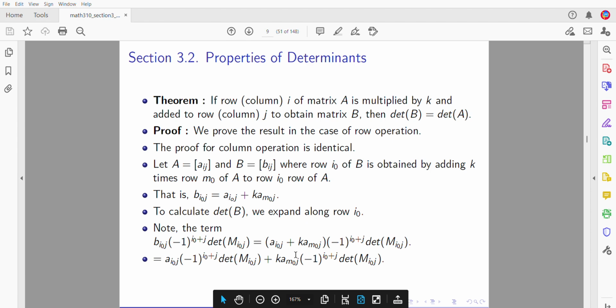You notice M naught index and I naught index, so you are not synchronous. You are not maintaining the indices correctly. So when you sum along here, you will get 0. When you sum along here, because you have maintained indices, you will get determinant A.